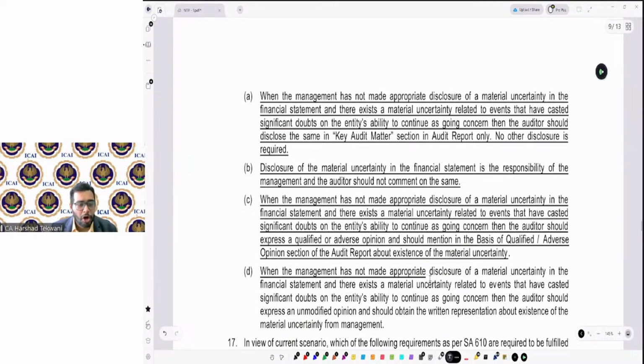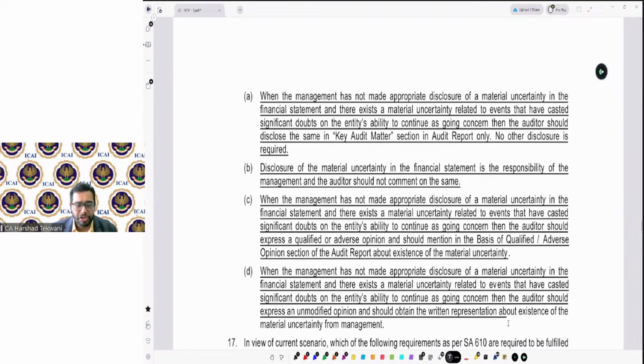Another option: the auditor should express an unmodified opinion and should obtain a written representation about the existence of material uncertainty from management.